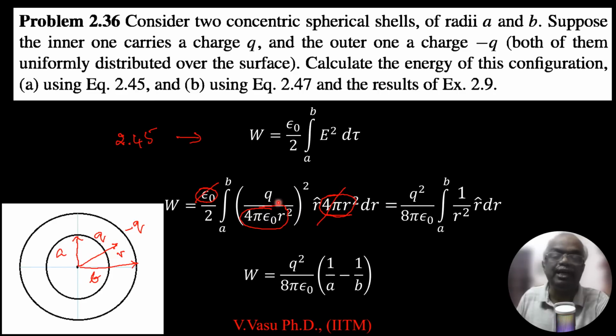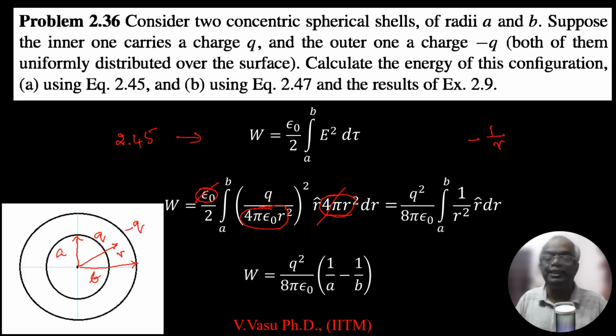You will have Q squared divided by 4 epsilon naught r squared, because 4 pi r squared is cancelled already. So 2 into 4, you will get 8 pi epsilon naught. 1 over r squared I brought inside the integral. If you integrate 1 over r squared, you will get minus 1 over r. So you see the limit a to b.